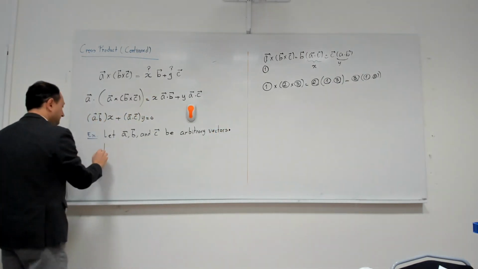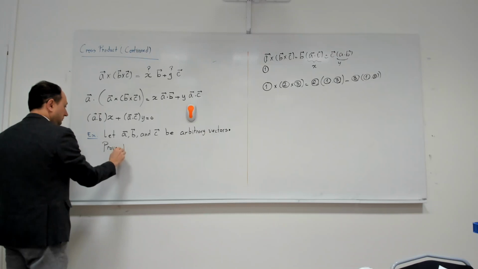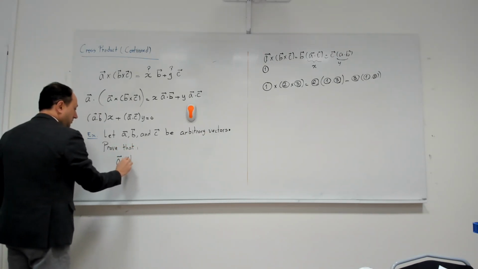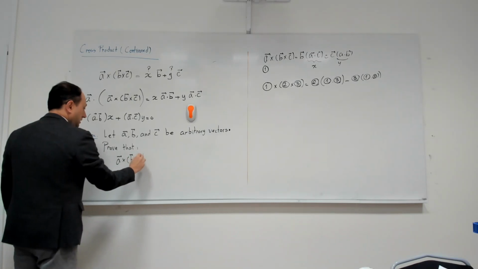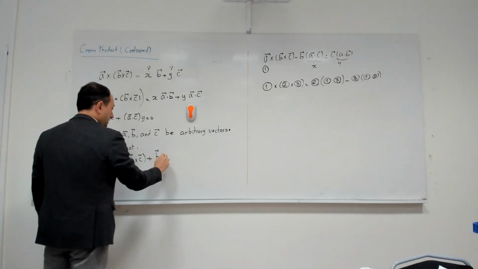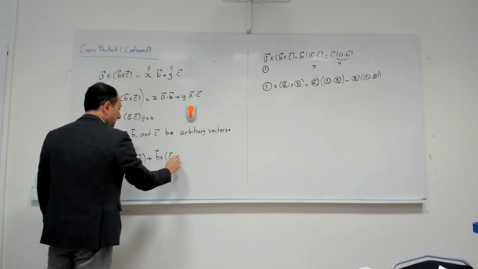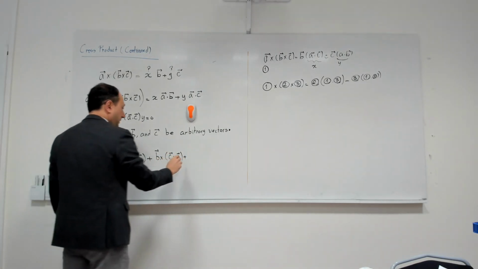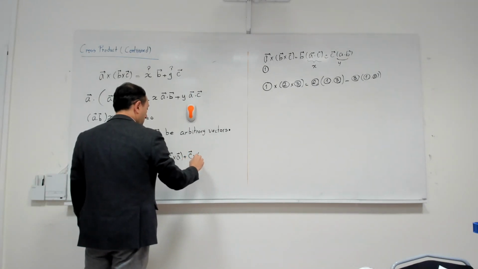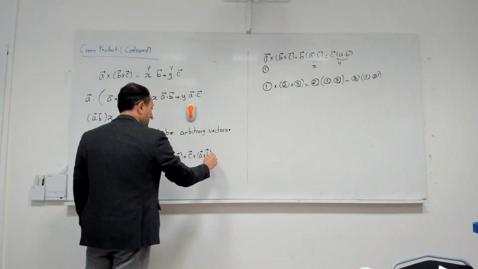Prove that A cross B cross C plus B cross C cross A plus C cross A cross B is the zero vector.